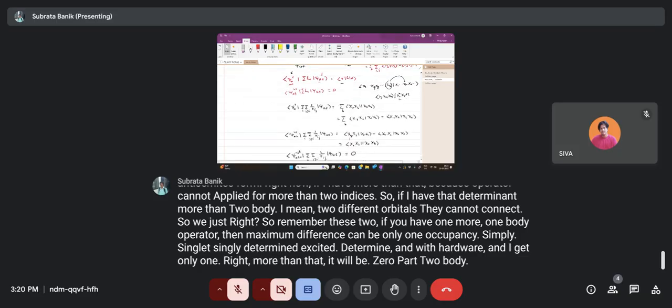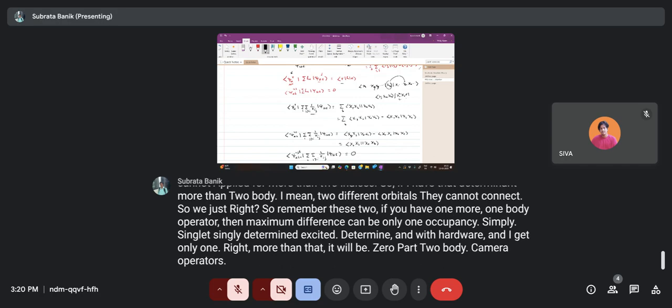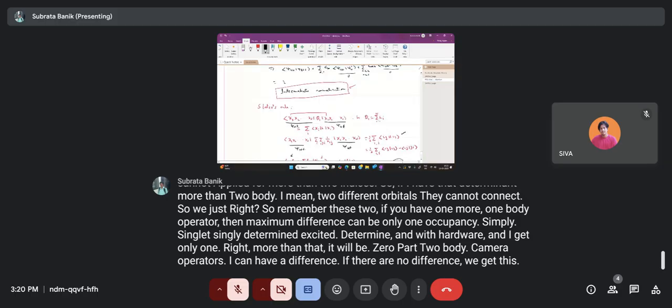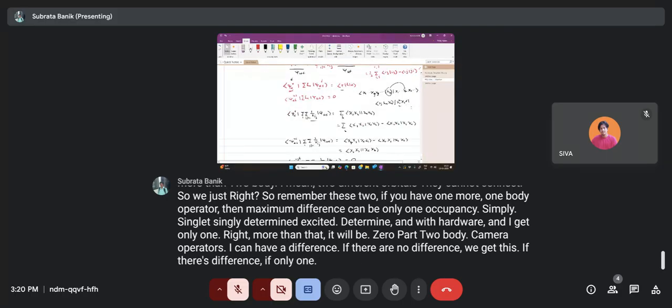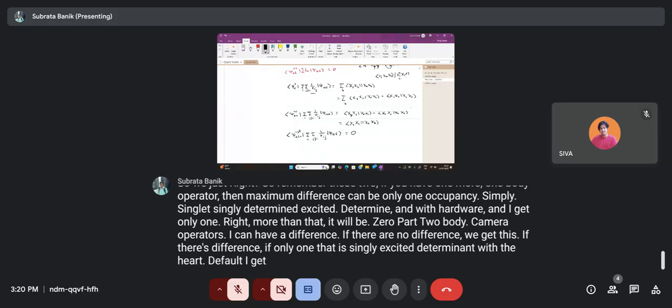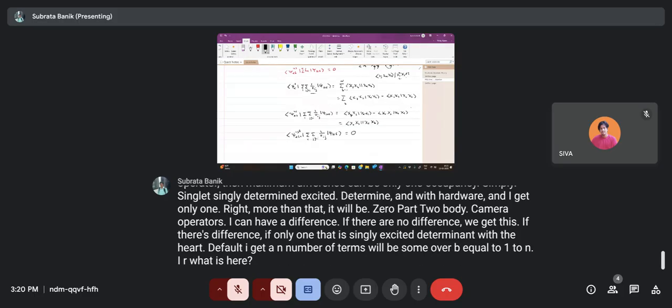For two body operators, I can have a difference. If there is no difference, we get this. If there is a difference, if only one, that is a singly excited determinant with the Hartree-Fock, I get n number of terms, sum over b equal to 1 to n of chi_R, chi_b. What is here?